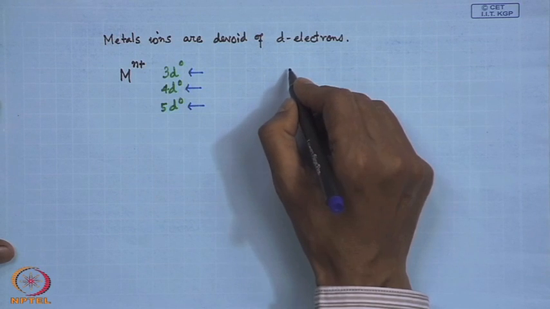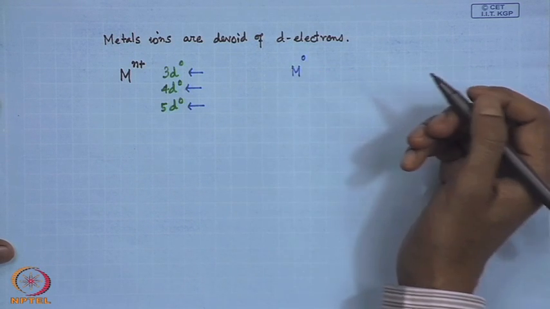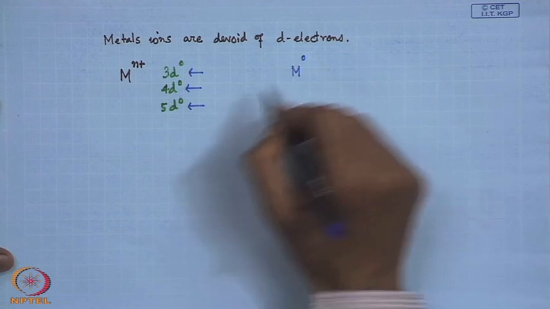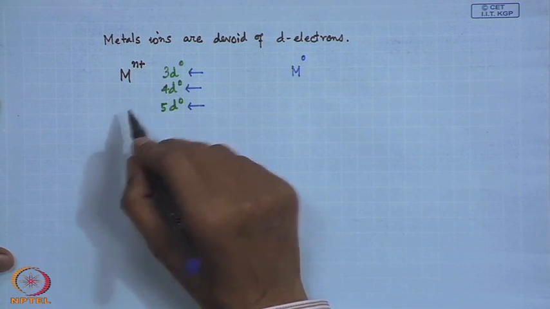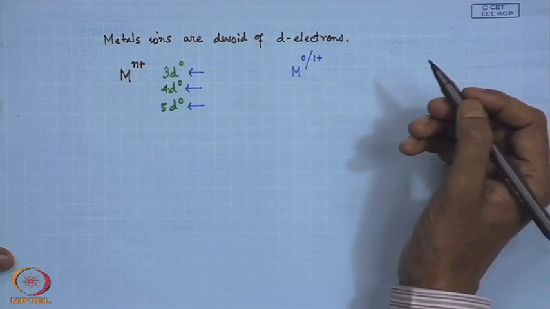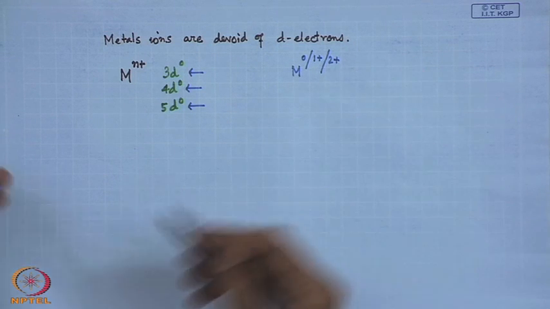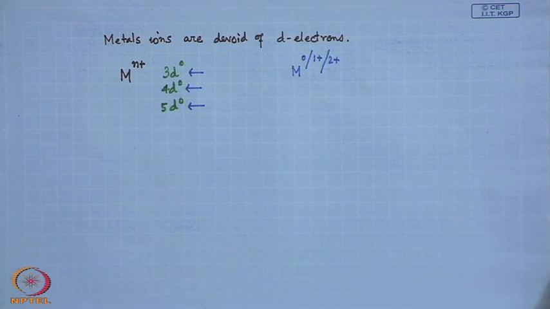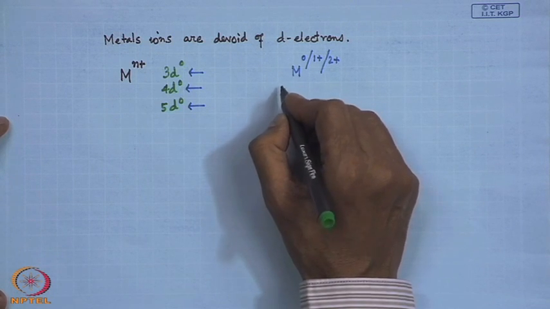But in another case, if the metal is in the 0 oxidation state, that means the metal has more electrons compared to the manganese or chromium center, or in a low oxidation state, 1 plus or 2 plus, we will consider these metal centers as highly reducing.